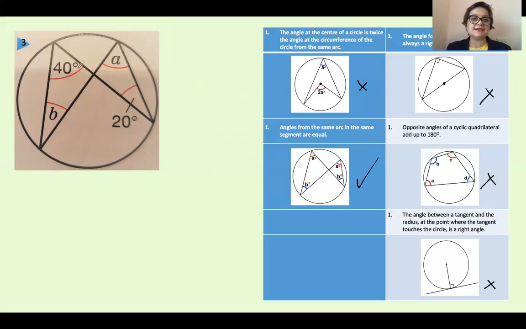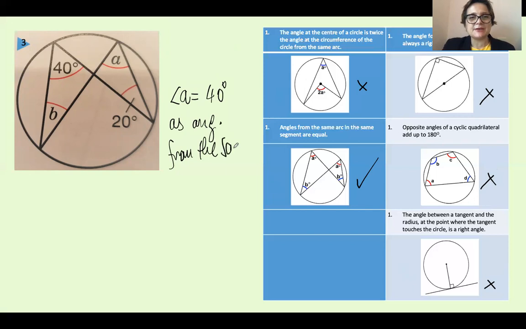So that means this angle here, angle A, equals 40 degrees. Write down the theorem: angles from the same arc in the same segment are equal.